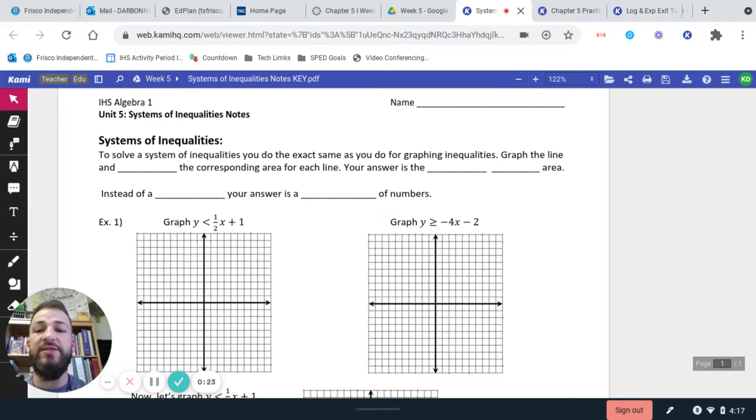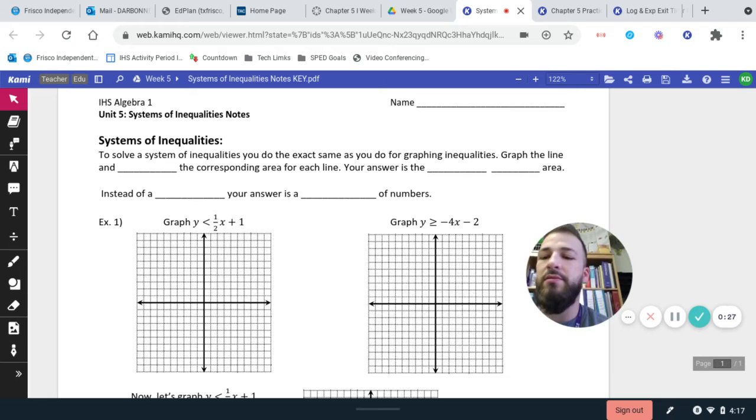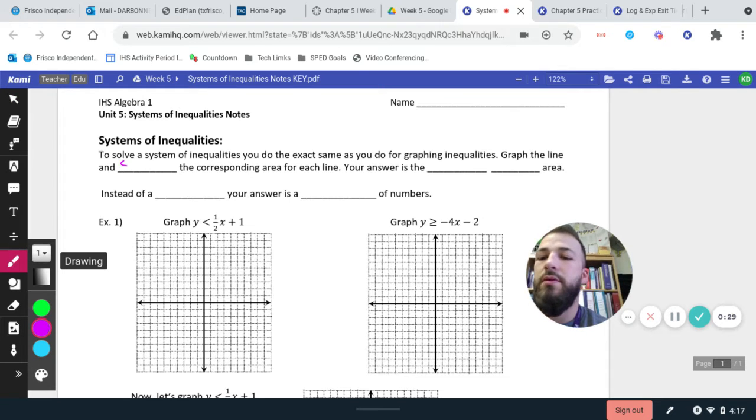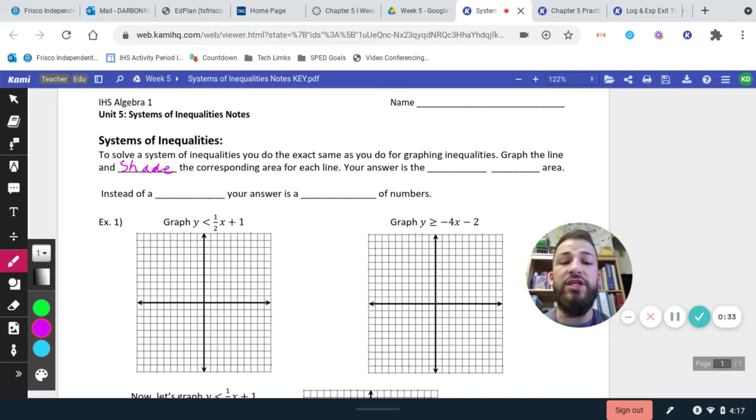Okay, so to solve a system of inequalities, you do the exact same as you do for graphing inequalities. We're going to graph the line and we're going to shade the corresponding area for each line. Your answer is the double shaded area. And we're going to see what I mean by this in just a second.